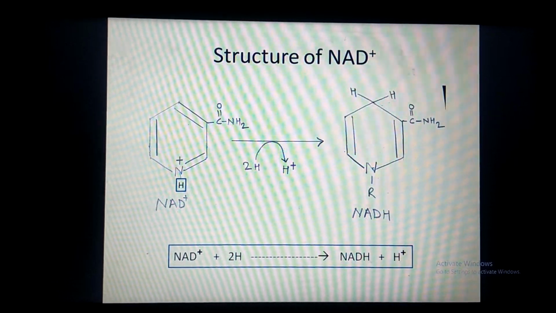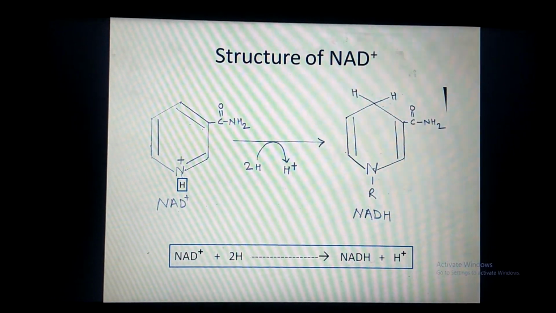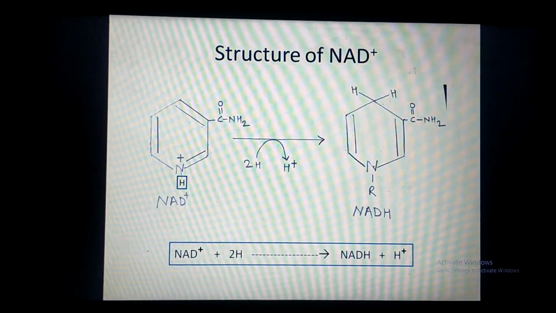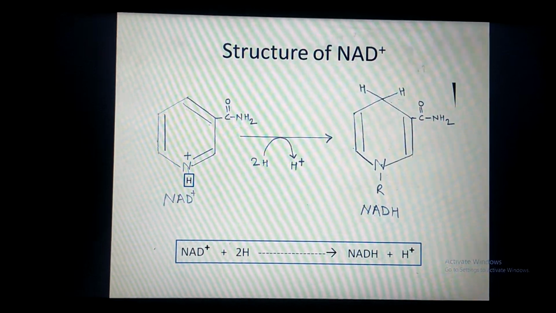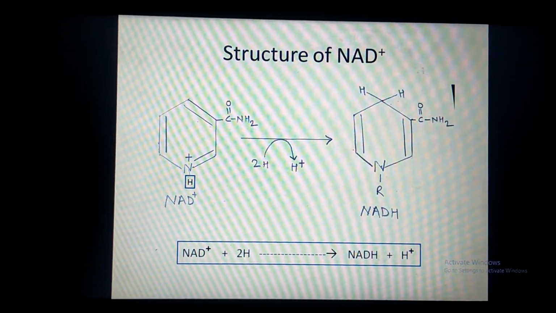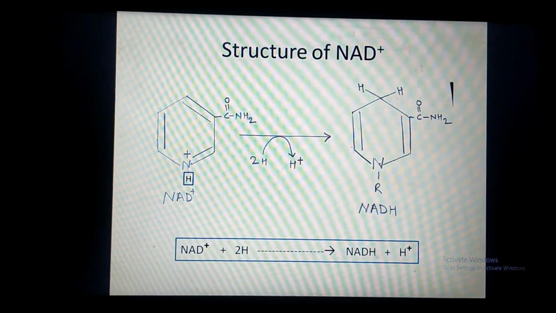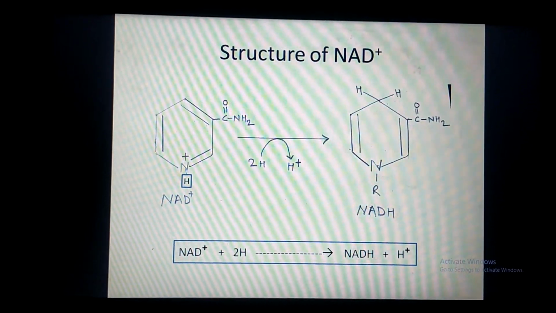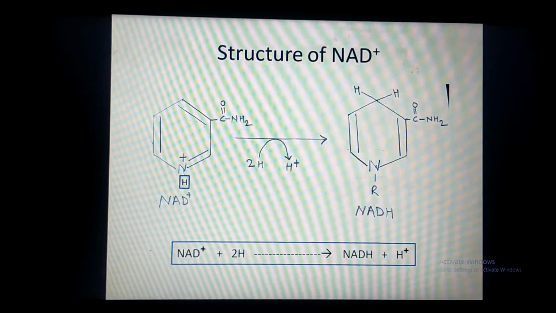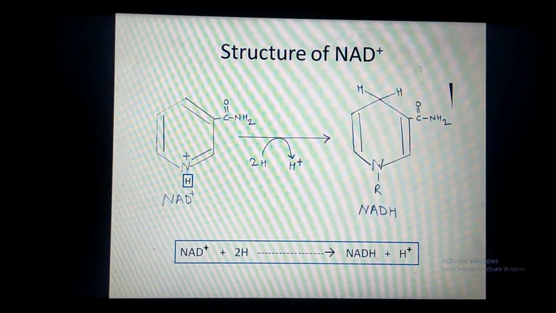When this NAD is reduced with the help of two hydrogen atoms, one hydrogen atom is directly added as it is into the ring of the nitrogen chain, whereas another hydrogen atom is split into H plus ion and electron. The electron is added into the nitrogen to neutralize its positive charge.